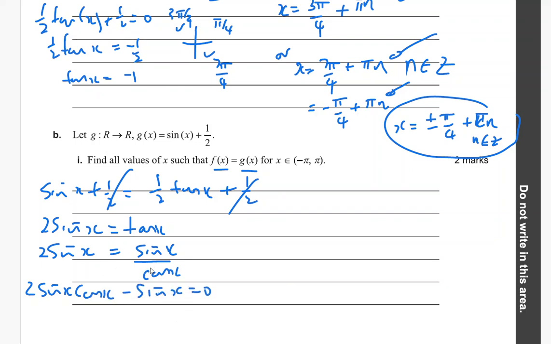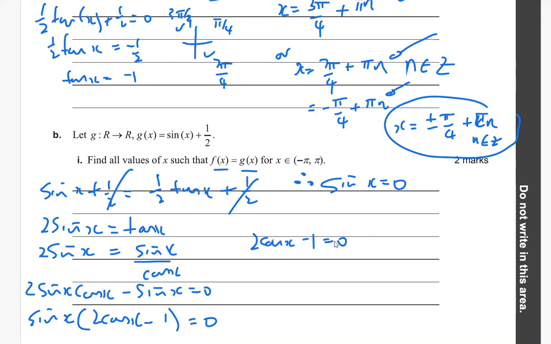So rearrange, get rid of your fractions, get everything on one side, set it equal to 0, and then factorise. Sine of x, 2 cos of x minus 1 equals 0. Therefore, the sine of x equals 0, or 2 cos of x minus 1 equals 0.